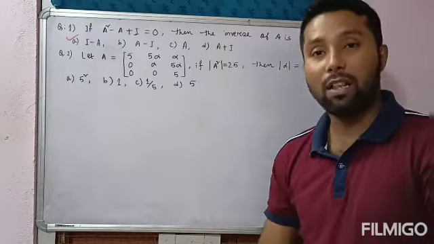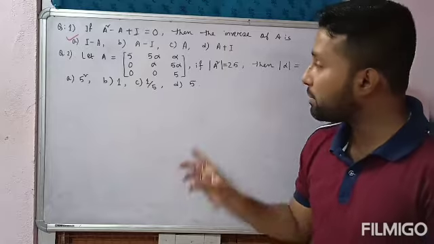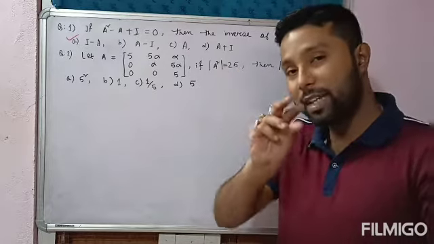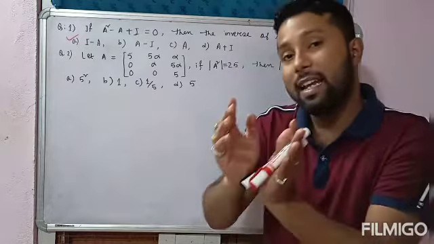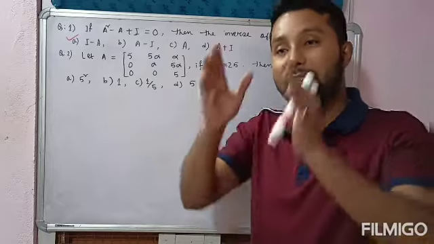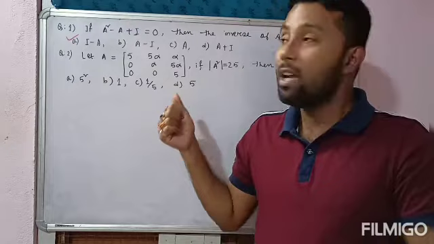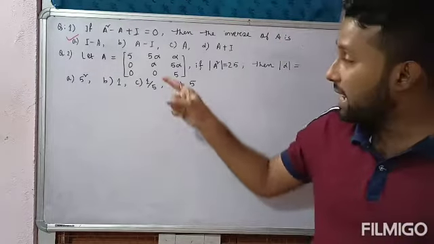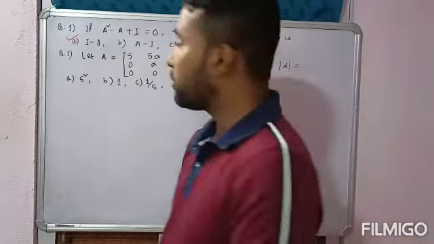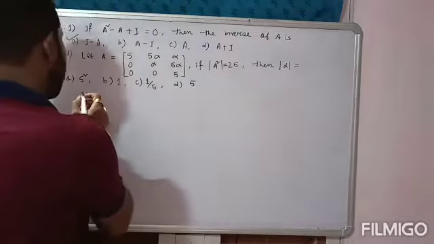Since determinant of A square is equal to 25, from the left hand side we need to find A square first, because determinant of A square is there. Only by knowing the value of A square can we find its determinant, the left hand side part. So since A is given in the question, try to find the value of A square. Solution number 2.